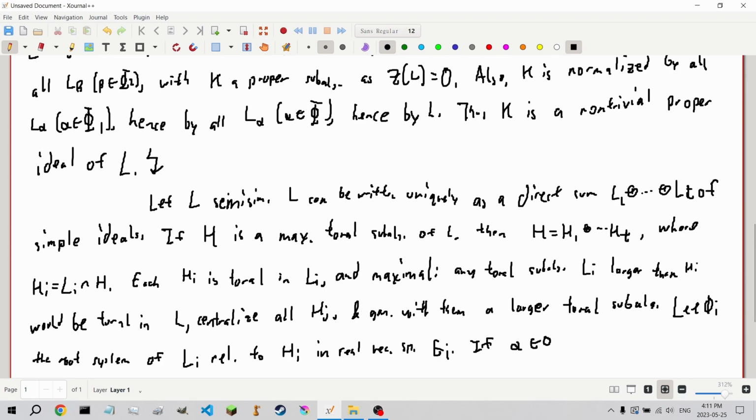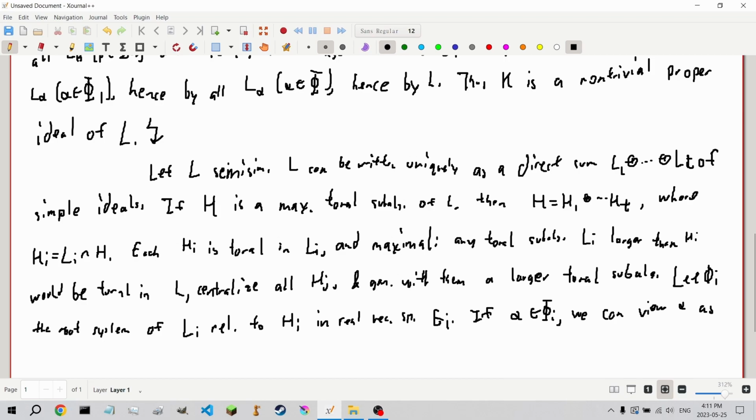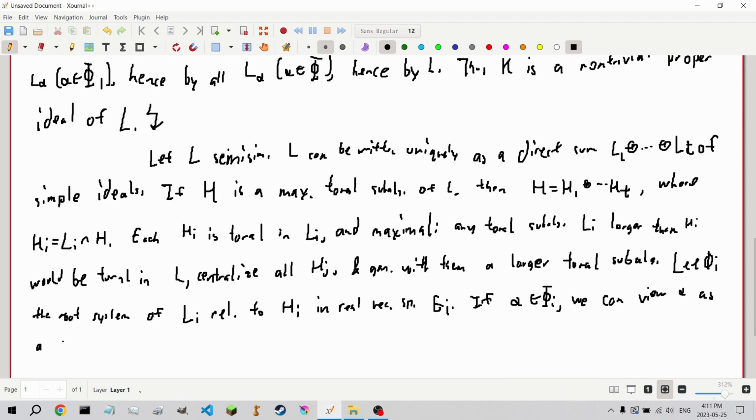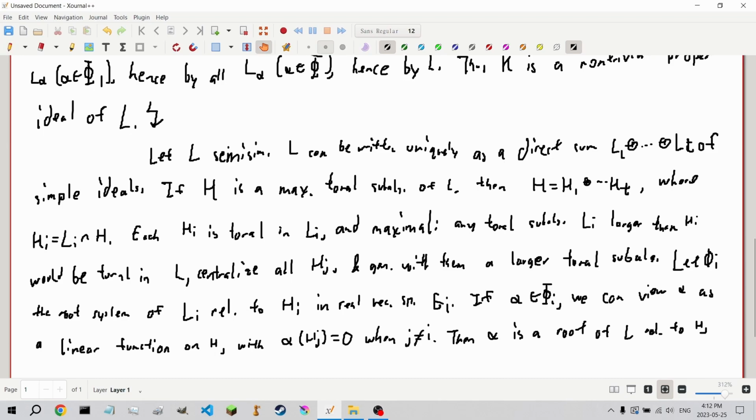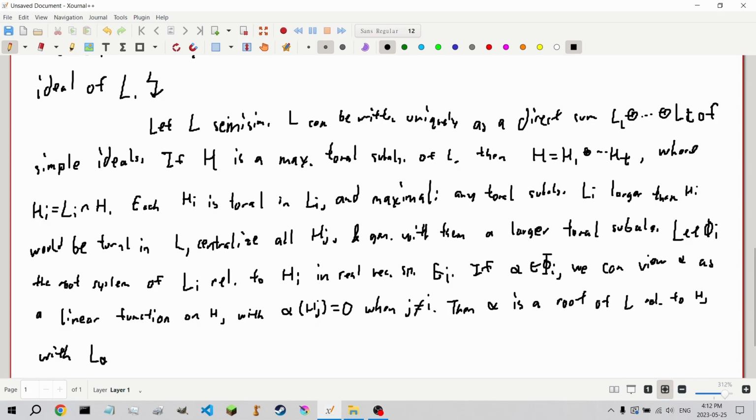If alpha is in Phi i, we can view alpha as a linear function on H with alpha of Hj being 0 when j is outside of our i. Then alpha is a root of L relative to H with L alpha being inside of Li.